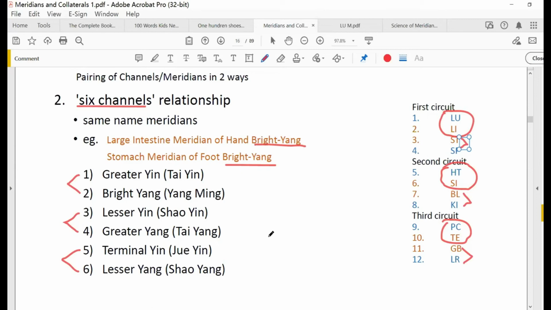TE circulates the original qi, the source qi, and circulates the fluid in the body. It's an organ.